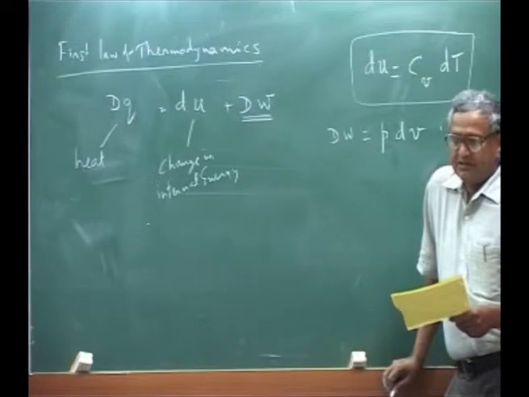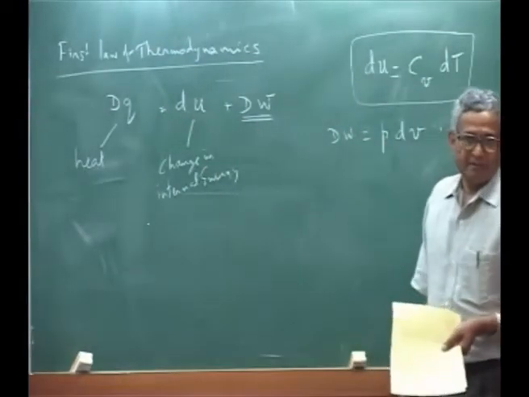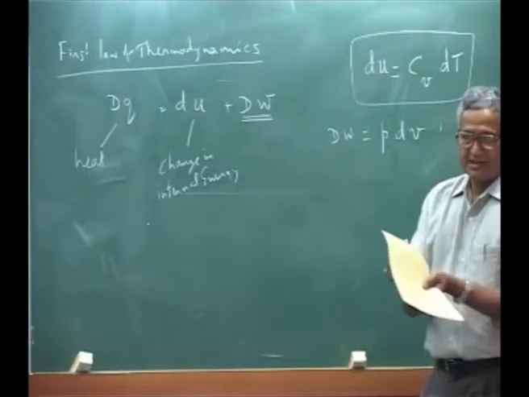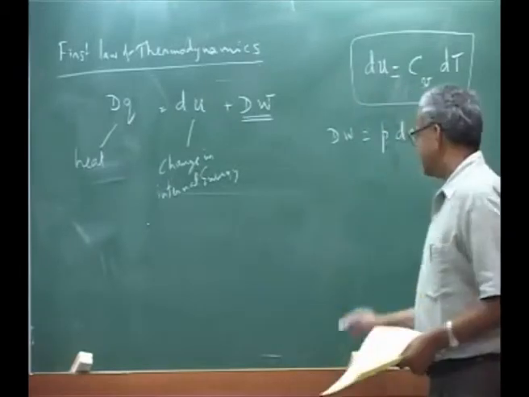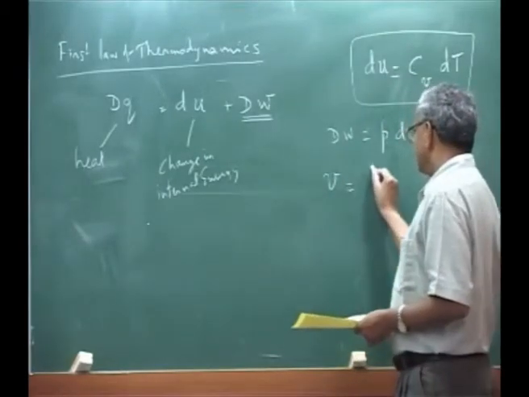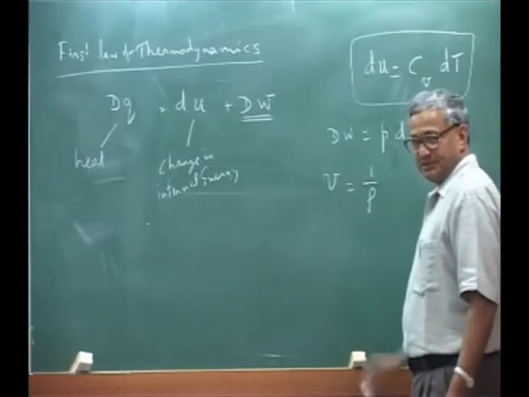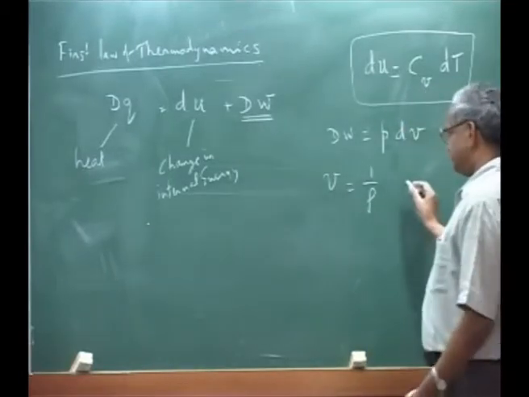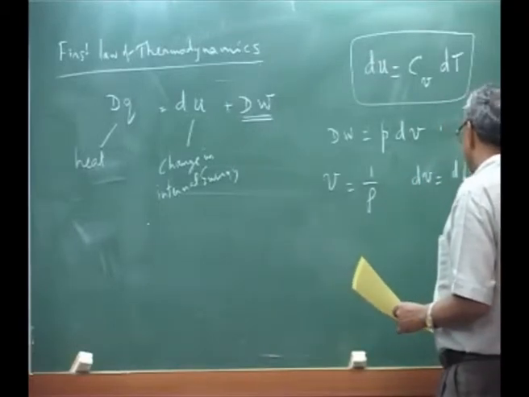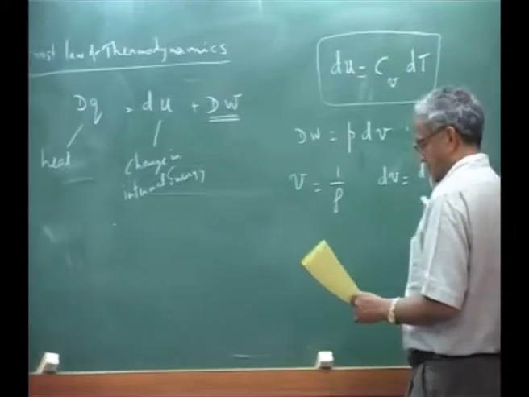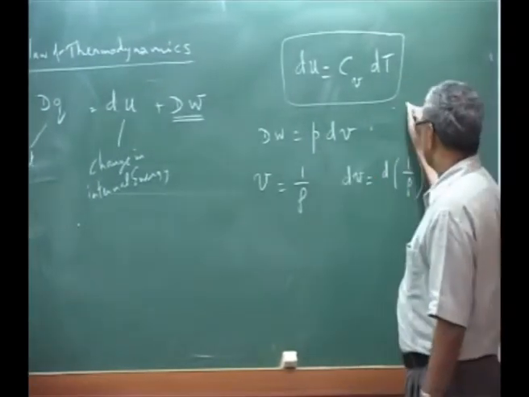This you can take per unit mass. If you write it per unit mass, then you substitute V as 1 over rho, because this is per unit mass, or dV becomes d of 1 over rho, per unit mass of fluid.